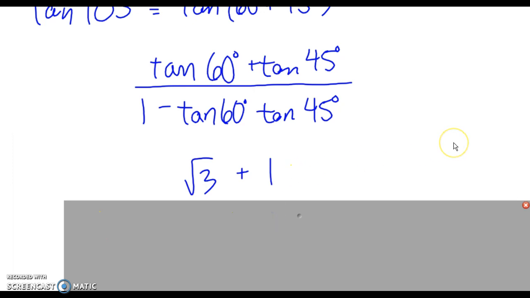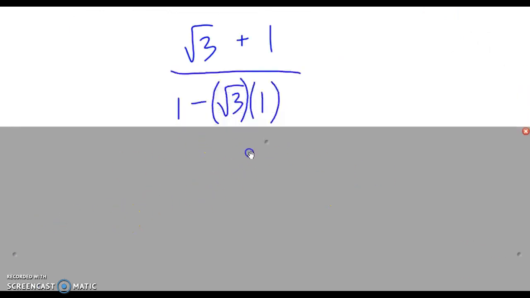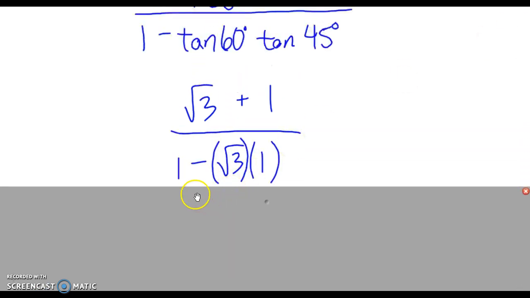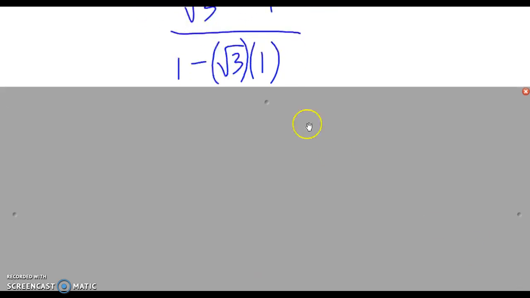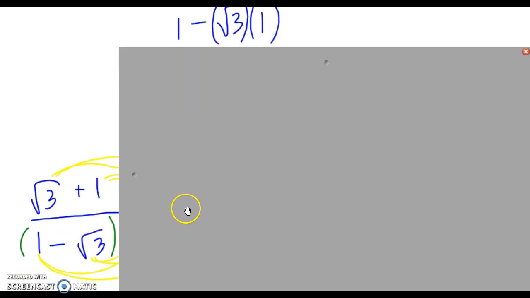I get the following. On the top, tan 60 becomes square root 3, and then tan 45 becomes a 1. And then on the bottom, that is a 1 minus tan 60 times tan 45, so that becomes 1 minus square root 3 times 1. Then the next thing I need to do is multiply there on the bottom, and I get the following.